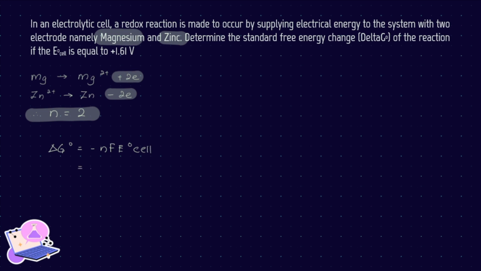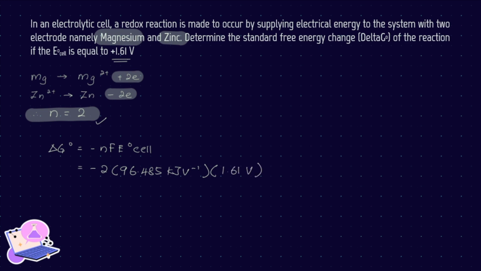Your n is equivalent to 2, as we have calculated just now, and your F is a constant value, which is 96.485 kilojoule per volt. And your E° cell is given in the question, which is 1.61 volt.